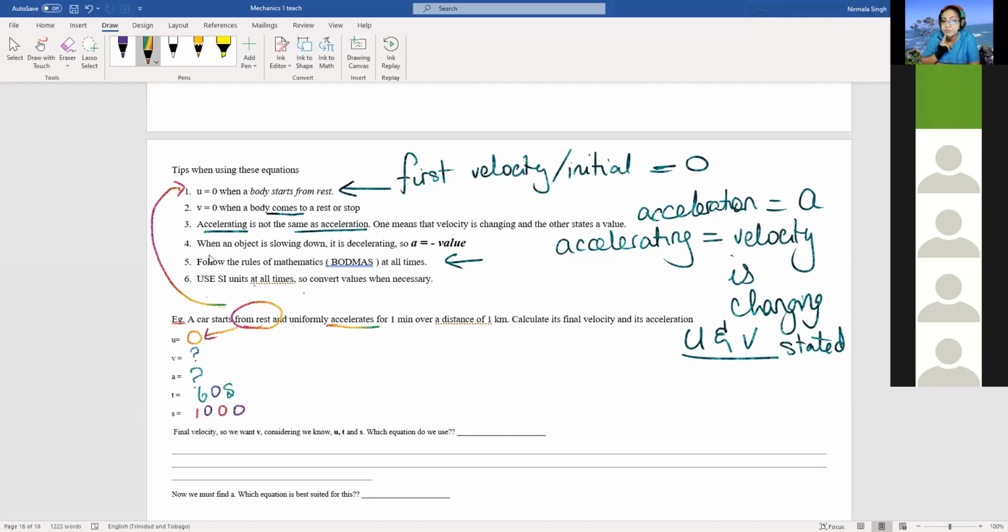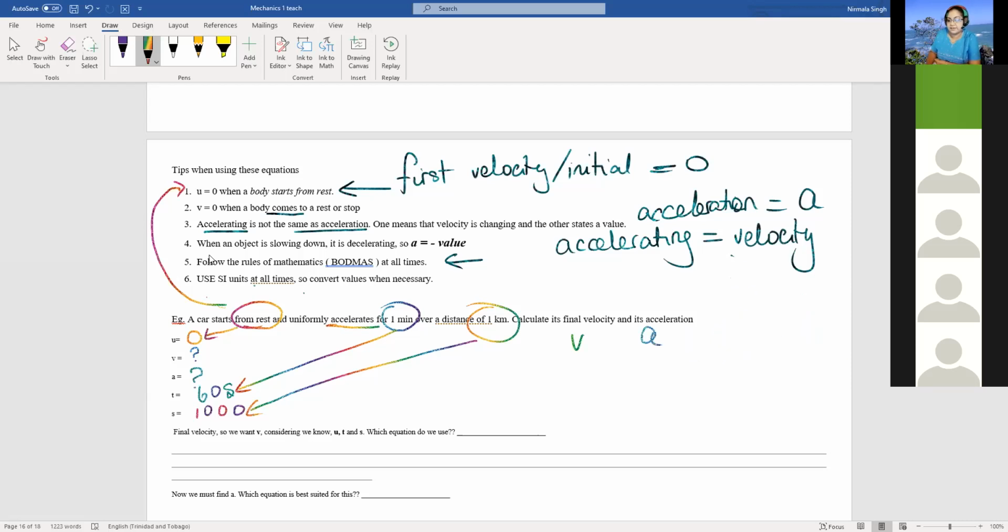Those are 2 different words. For 1 minute, and 1 minute is going to tell us our time over a distance of 1 kilometer, and that's going to tell us our distance. All right, everyone? And they have asked us to find V and to find A. So let's go ahead and find V and A.